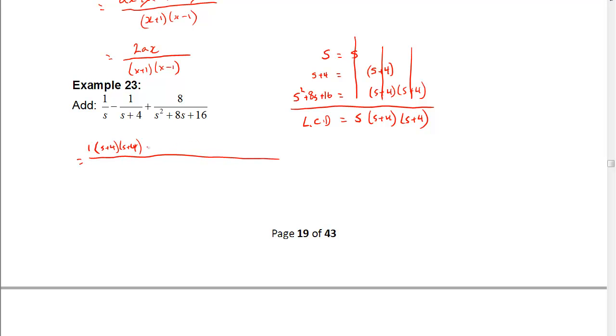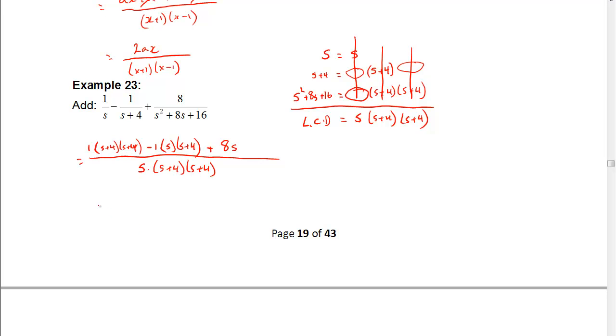The second term is minus 1, and here we're missing s and s plus 4, so that's going to be times s and s plus 4. And then that's going to be plus 8, and the last denominator is just missing the s, so we're going to have to multiply that one by s. And the denominator is, well, that's the LCD, as that's what we're trying to make it into.